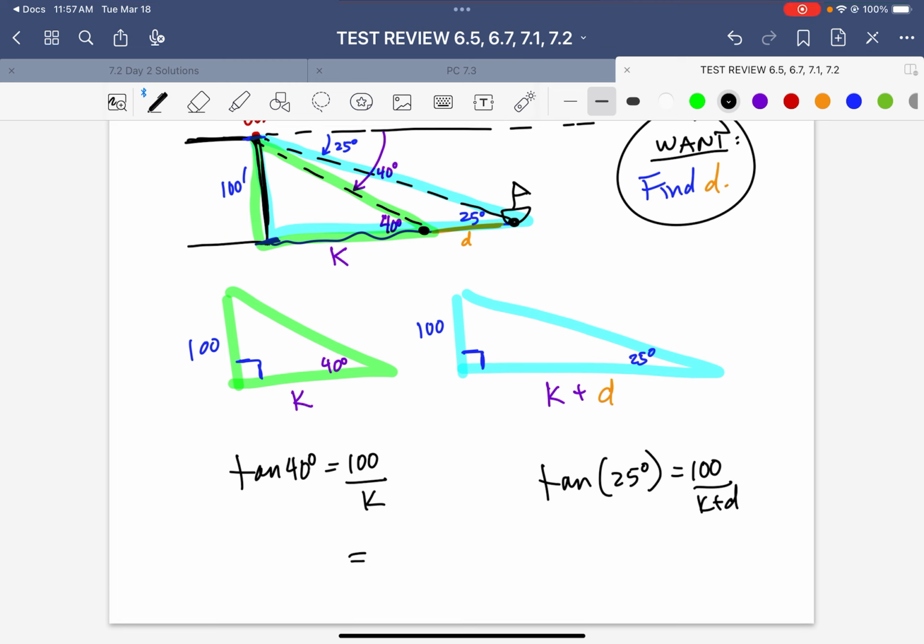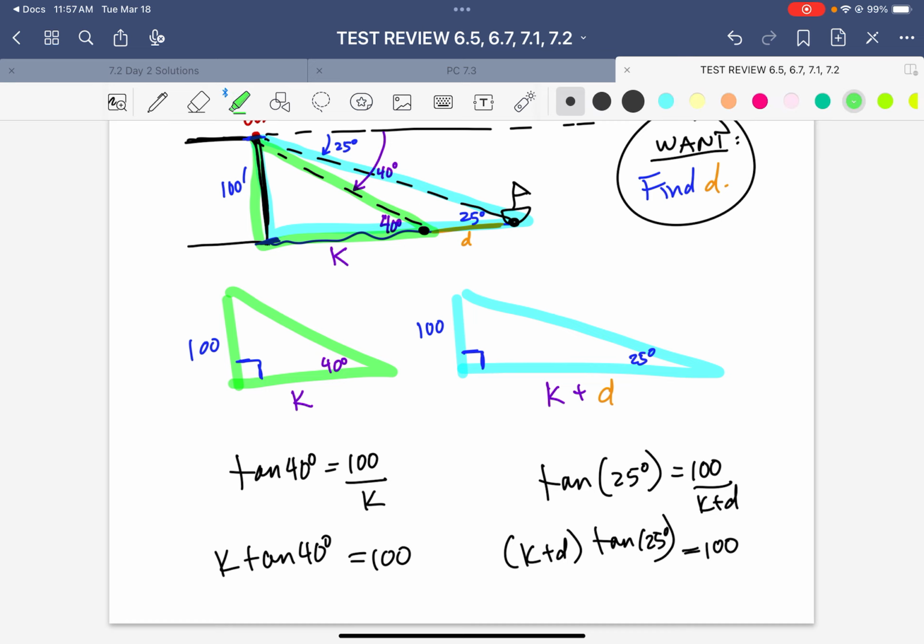So that means that 100 is equal to K tangent of 40 degrees. That means that 100 is also equal to K plus D times the tangent of 25 degrees. Well, since this is equal to 100 and this is equal to 100, they should be equal. And so I can now set them equal.